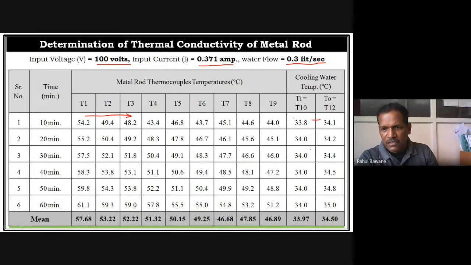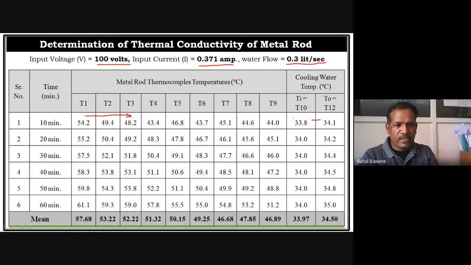Inlet water temperature mostly has no change. If there is a little change, it might be because at the beginning your equipment is in cold condition, so the temperature may decrease, but later we found that the inlet water temperature remains the same. But the outlet water temperature, as time goes on, the rate of heat transfer will increase and accordingly the outlet temperature will rise.